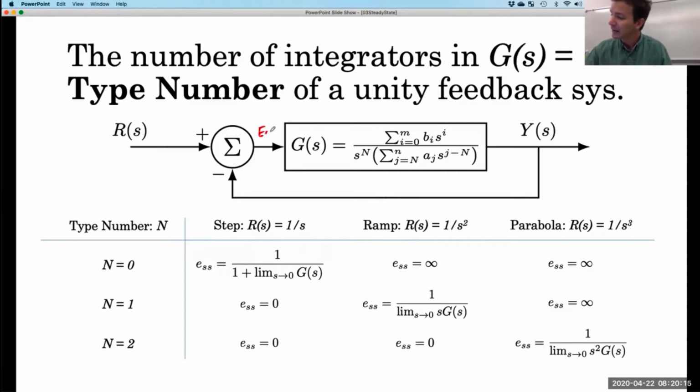Since this is the error signal, because we're guaranteed unity feedback here, guaranteed by way of assumption, you can think of this G system, you can even do something like this. You can split off the integrators that you have. So you can also think of this as this going into an integrator, and that goes into G prime, where G prime is G without that pole at the origin. Right, so that's an equivalent way of thinking of this.